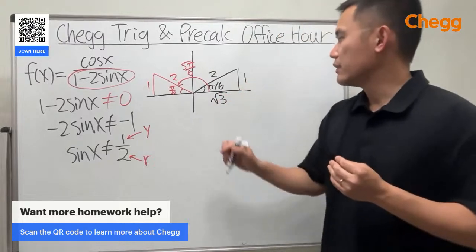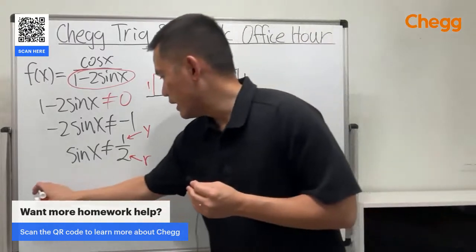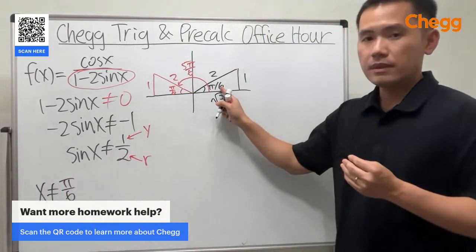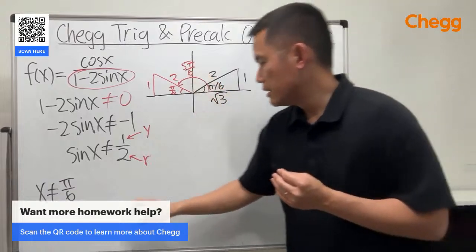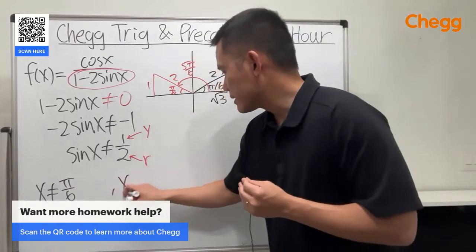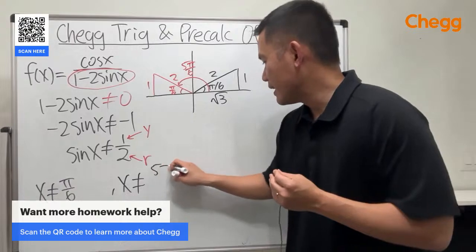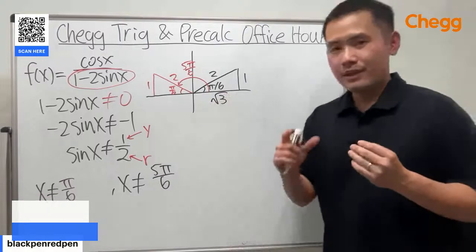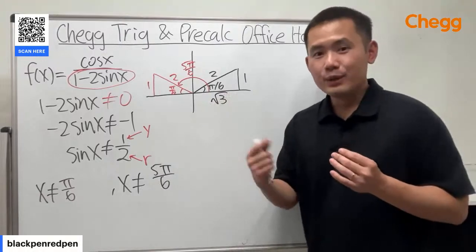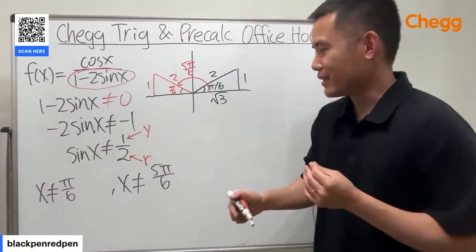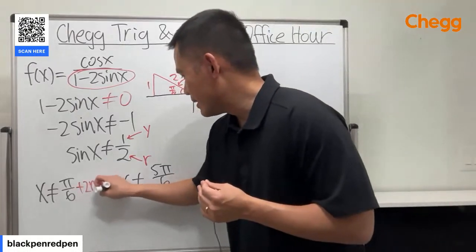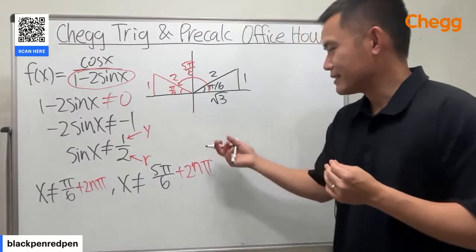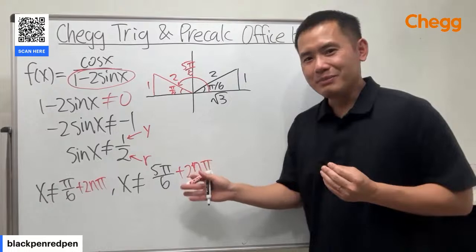If you look at the picture, you have two sets of answers. The first one is pi over 6, so just say x cannot be pi over 6. The other answer is this: you also have to mention x cannot be 5 pi over 6. When you have these two first answers, the rest is that you add 2n pi, because the period of sine is that.